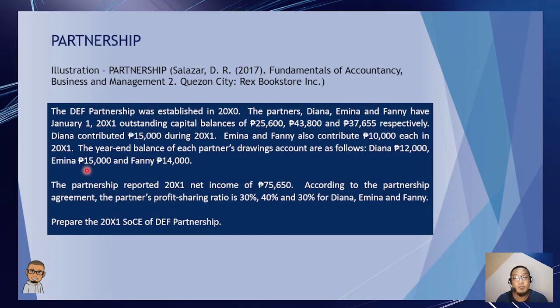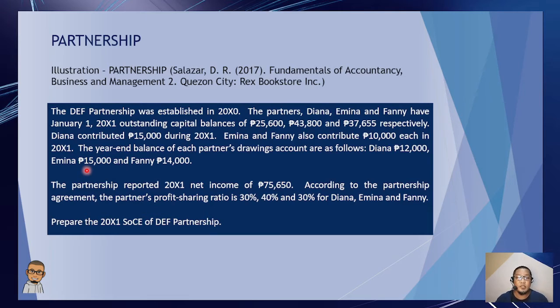Emina, 40%. Okay? Now, 30% for Fanny. So, sir, how did they arrive at that? Okay, now, this is only one example. There are many more possible iterations of how they share income and losses. But this is the most basic. Maybe Emina does more work, so her share is 40%.